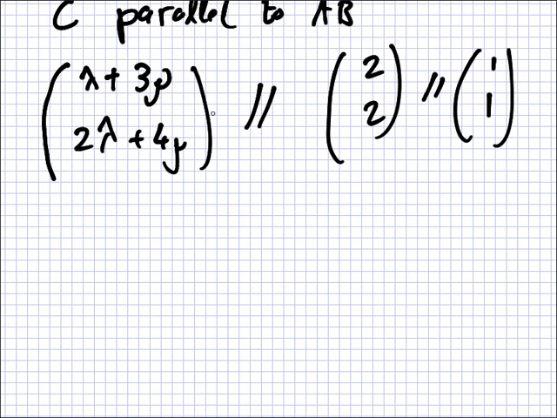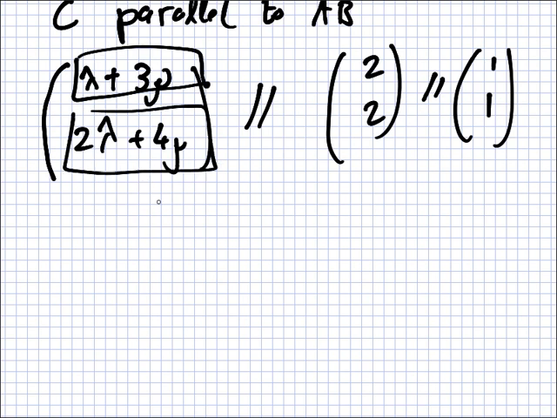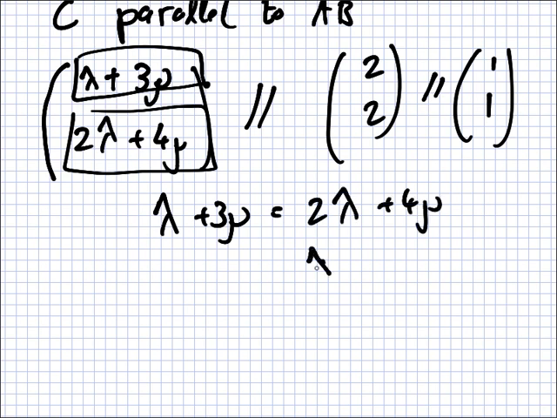So, if this vector is parallel to 1, 1, it means that these must be the same. That lambda plus 3 mu must equal 2 lambda plus 4 mu, which means lambda plus mu must equal 0.